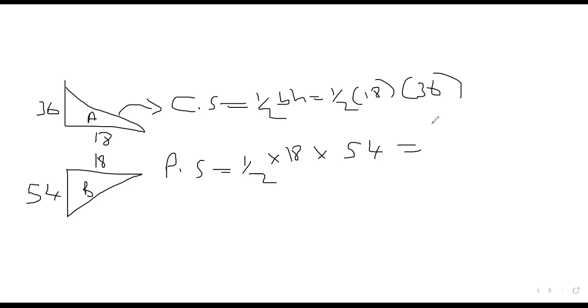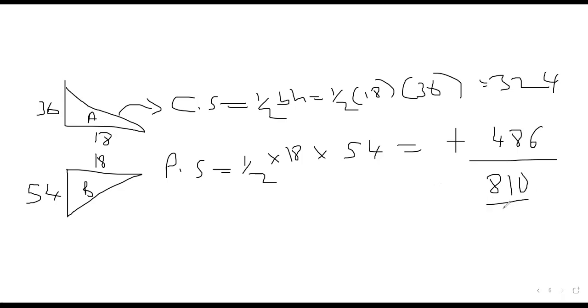So 18 times 36 divided by 2 is 324. 18 times 54 divided by 2 is 486. When I add these two, I get 810. This is called our social welfare or total surplus.